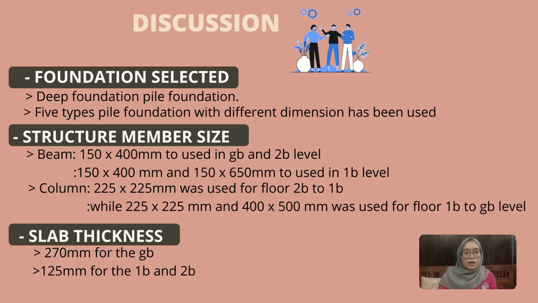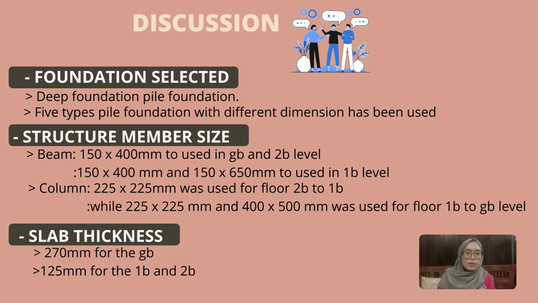Furthermore, the structure member sizes used in this project were proposed based on the actual drawing that we got from SLY Consultants Sdn Bhd, but some sizes used in this drawing were different from the actual size for beam, slab and column.